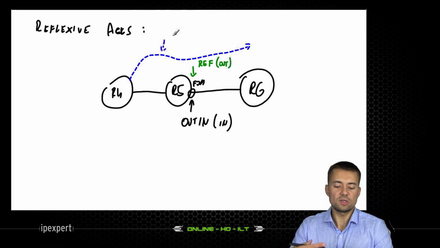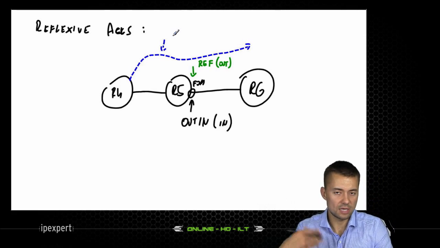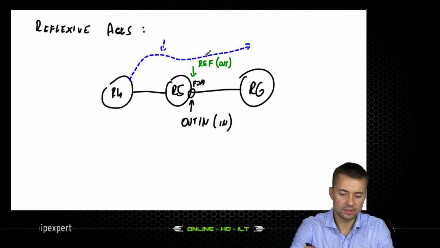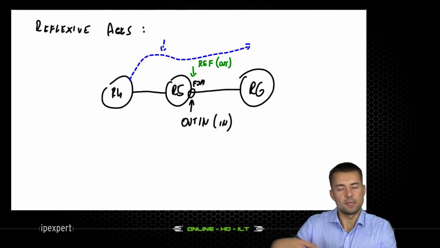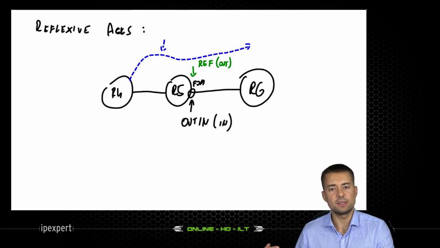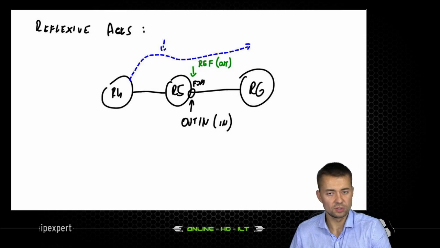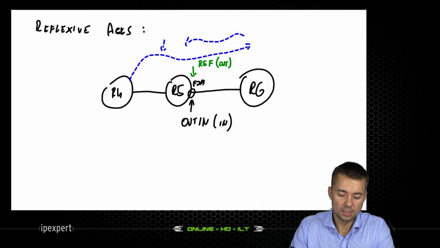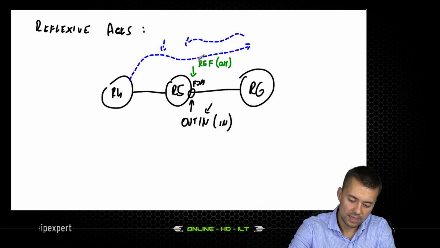The connection is initially allowed outbound because I assume that we have the proper entry in that REF ACL. This connection is being tracked, meaning that the upper layer session information is remembered by the device, and then when the reply comes back, it is going to be allowed by this access list based on that tracked information.